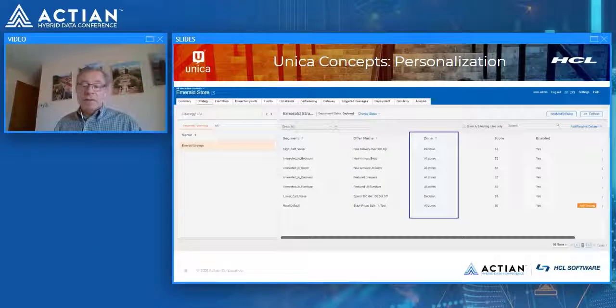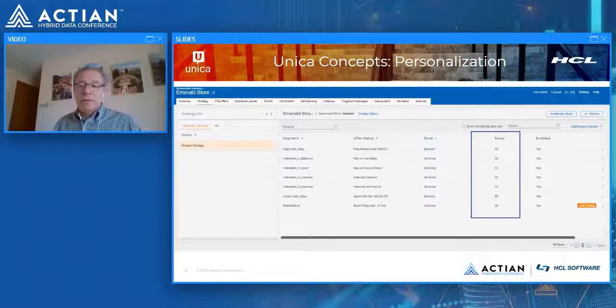The rule also has some indication of where this offer should be delivered. It could be a channel, it could be a page on the website, or it could be a location on the website page. And then, very importantly, there is a way to rank the rules. This is extremely important when delivering the most relevant offers. Really, the most relevant offers will have the highest score.